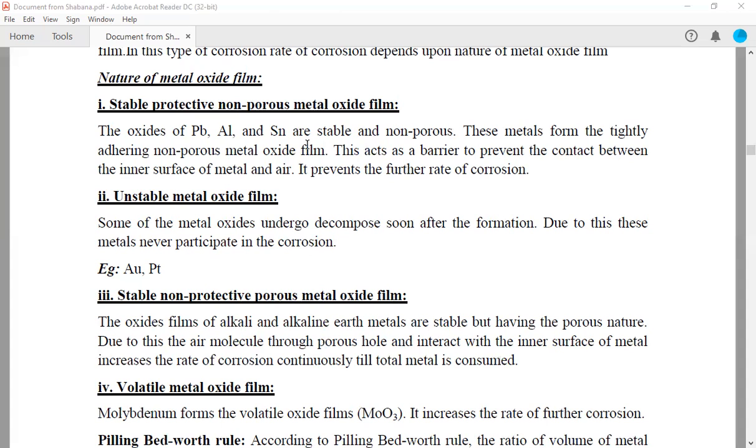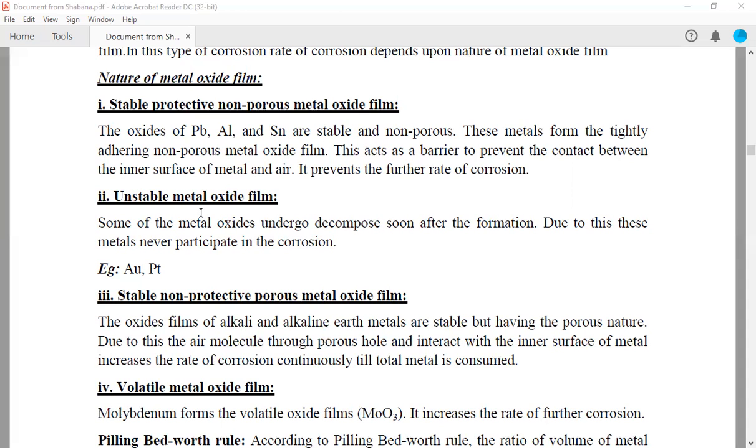Coming to the second one, the unstable metal oxide film. Unstable means that as soon as the metal oxide film is formed, it undergoes decomposition. Due to this, the metal never participates in corrosion because the oxide decomposes soon after its formation.